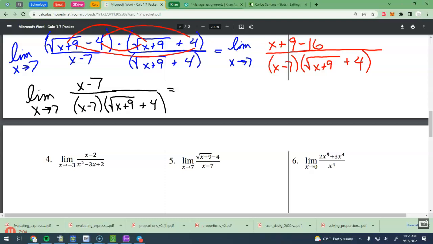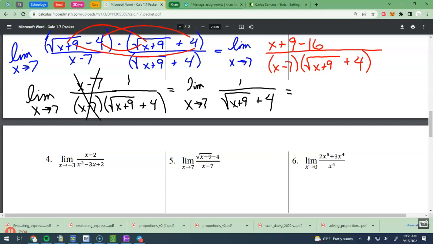Okay. So now these cancel. You have to have something on top of the fraction, so what goes there? There's 1. So what you essentially have now is the limit as x approaches 7 of 1 over the square root of x plus 9 plus 4. And the thing that was giving us 0 on the bottom was the x minus 7, right?